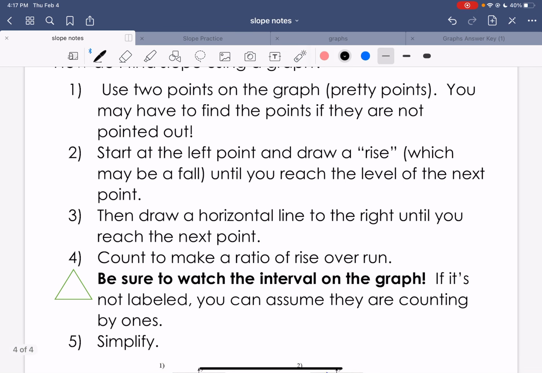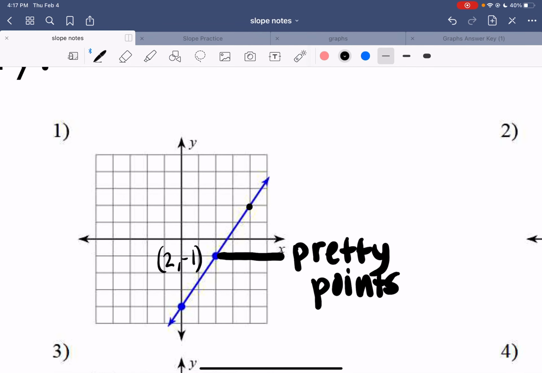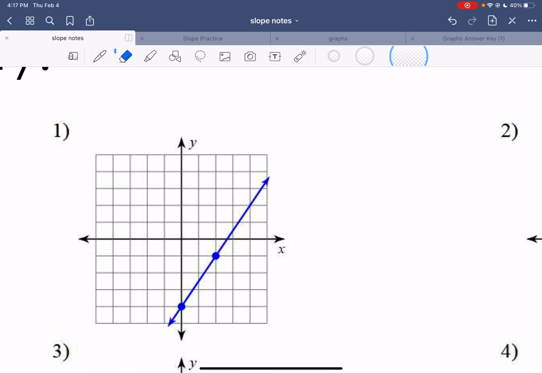So let's do a couple examples together. It said to start, I'm going to erase these. It said to start at the left point. So this is my furthest left. And I'm going to count up. Let's use pink. I'm going to rise. So I'm going to go up 1, 2, 3.